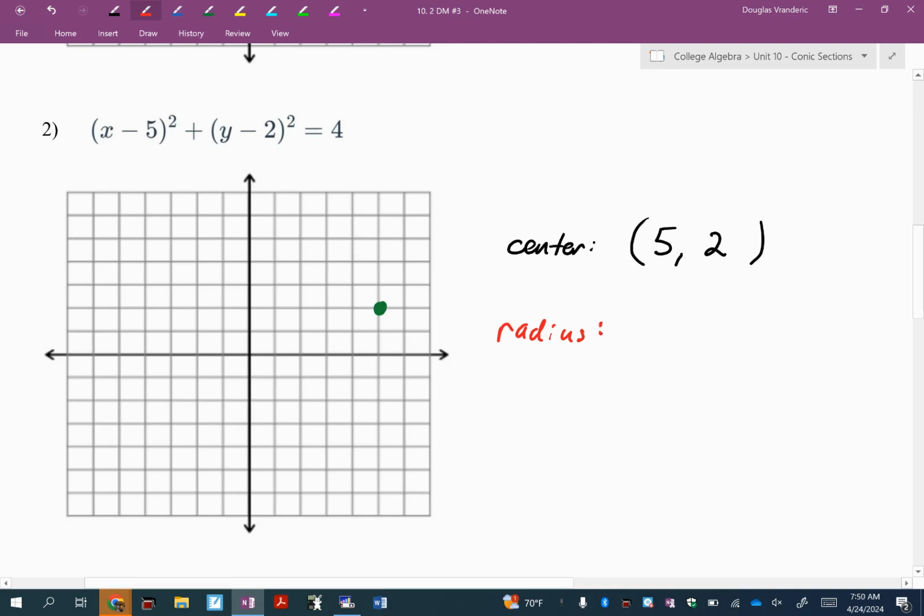So this right here is in that equation, right? So 4 is equal to the radius squared. I do not want the radius squared. I want the radius. So no, the radius squared is 4. So what is the radius? It's 2. You've got to go the other direction.